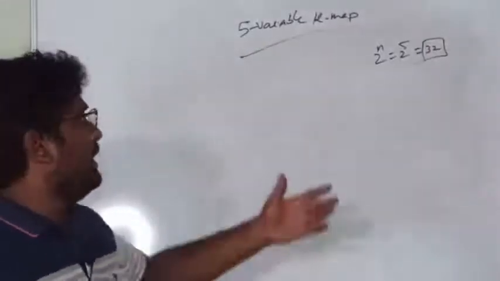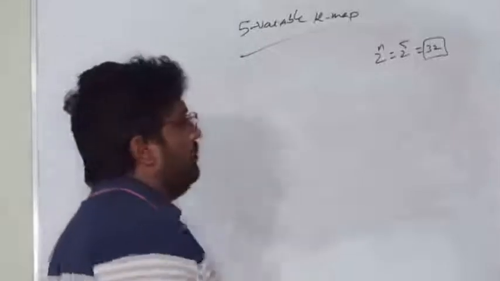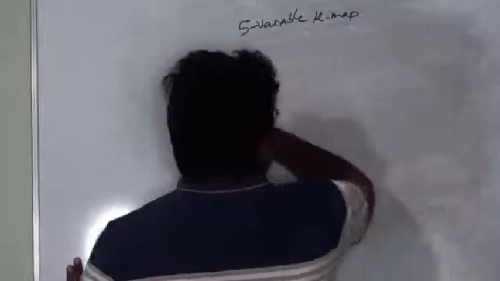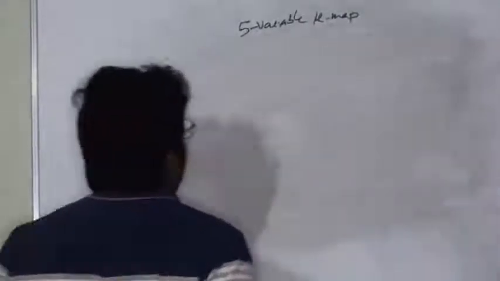So now let us take one example of this 5 variable K-map and solve how we can reduce the given Boolean algebraic expression by using the K-map, right?